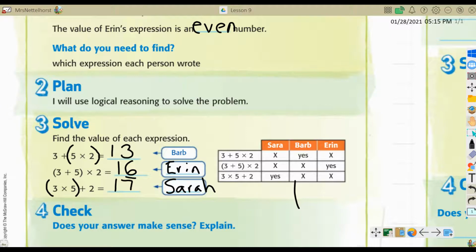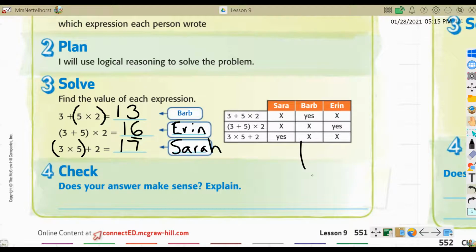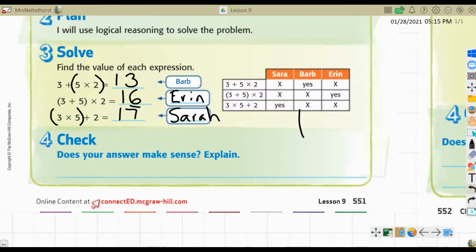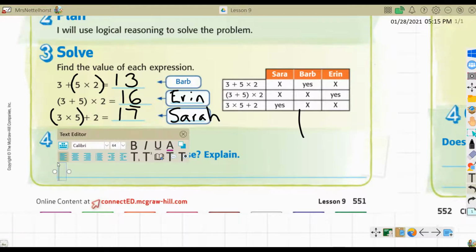Okay, so let's see if our answer makes sense. So we know that Barb's answer is 13. We know that Aaron is an even number, so it has to be Sarah. So I'm going to say yes. I'm going to type this because it's too hard. It's too messy to write with my finger.